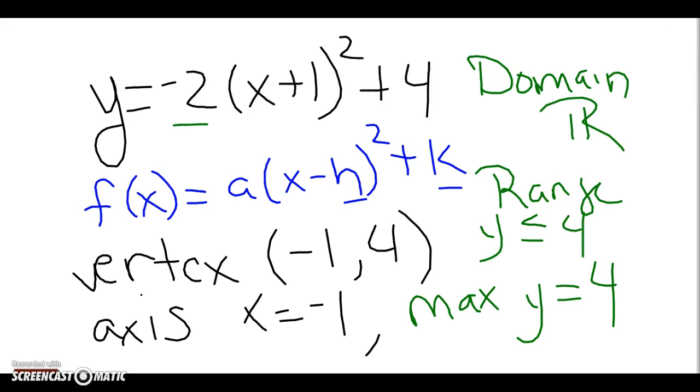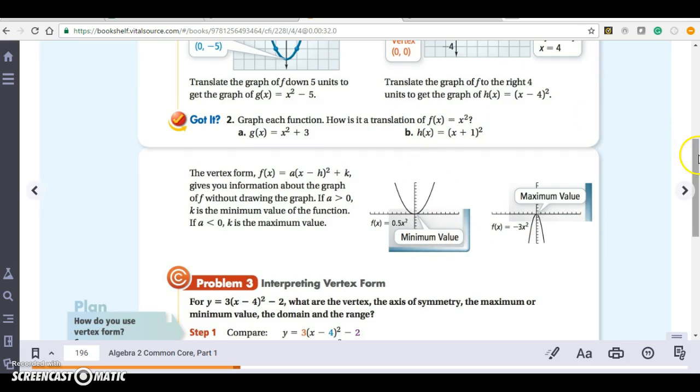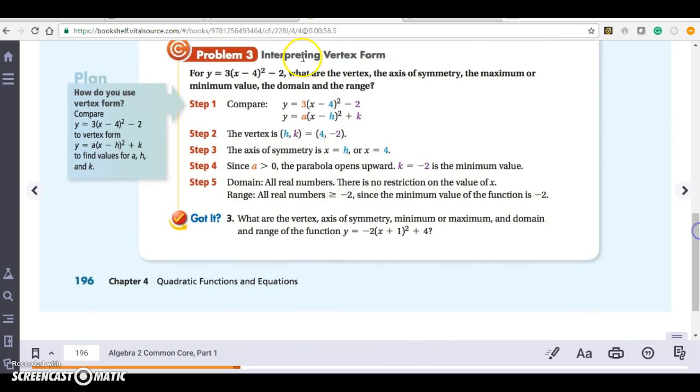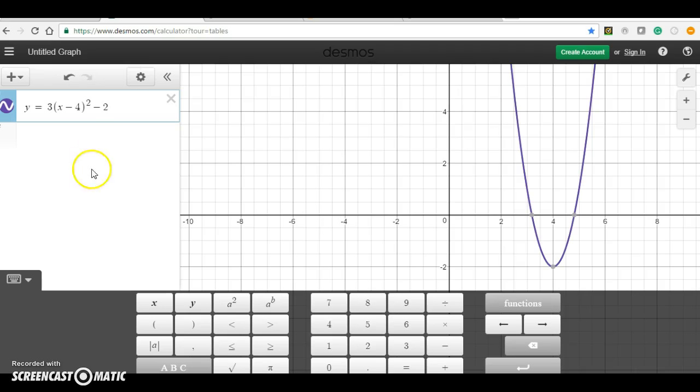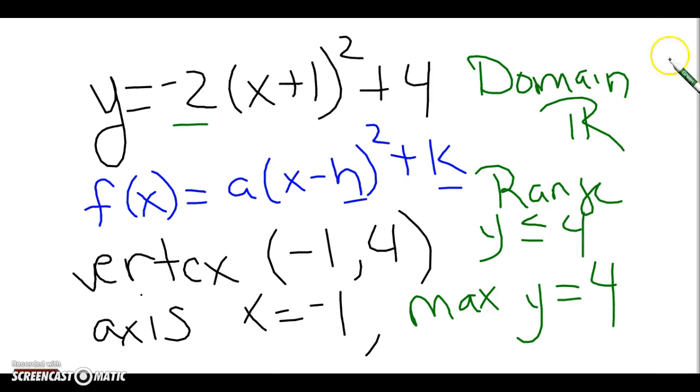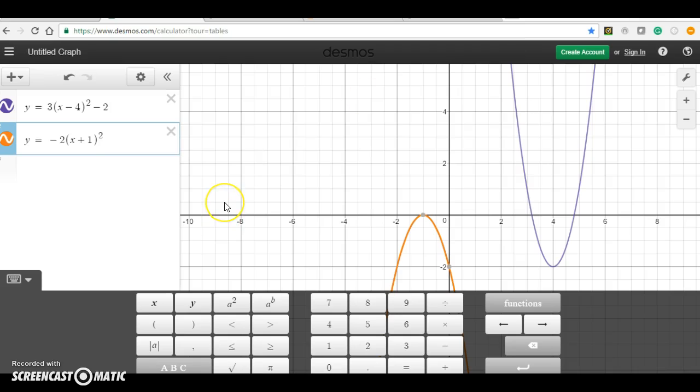Okay, so let's graph it and see if we get what they said here. So my free graphing calculator, www.desmos.com, y equals negative 2 times x plus 1 squared, and I'm sorry, I forgot, plus 4. There we go.